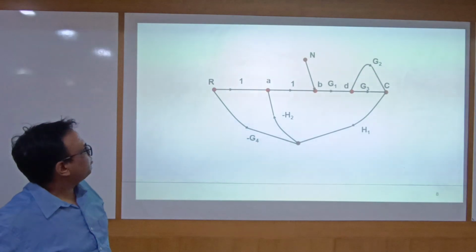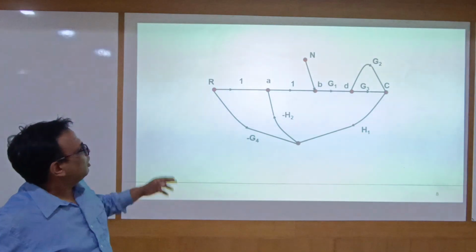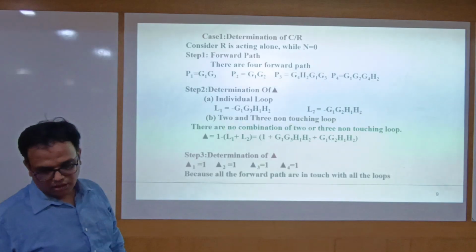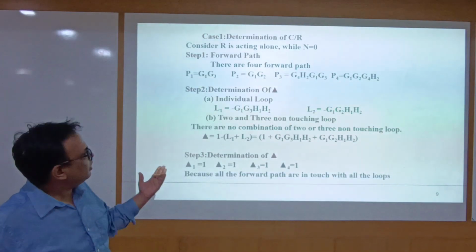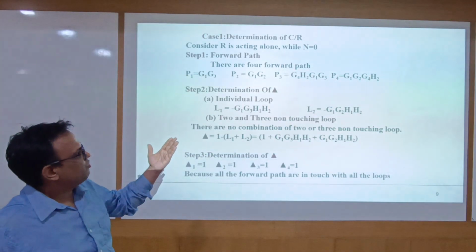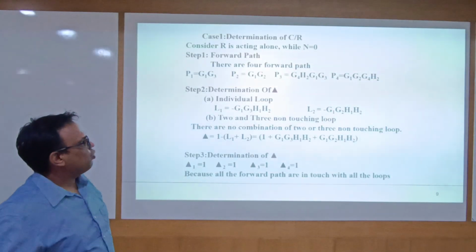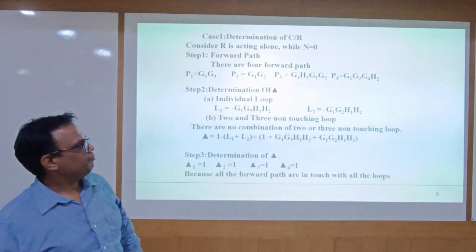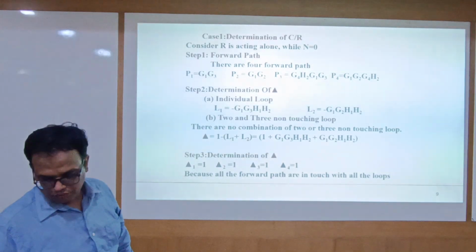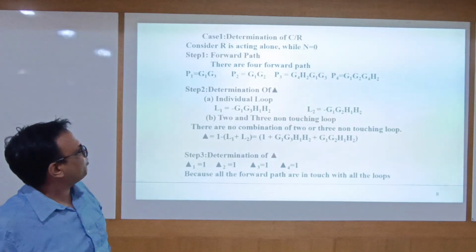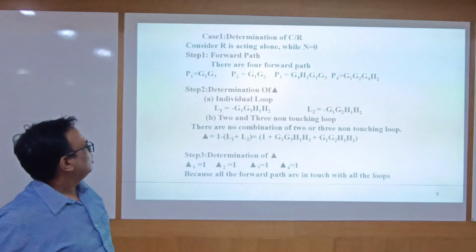The forward path means the path in a unidirectional way from R to C: P1 is G1 G3, P2 is G1 G2, P3 is G4 G2 G1 G3, P4 is G1 G2 G4 H2. This is the fourth forward path in this graph.